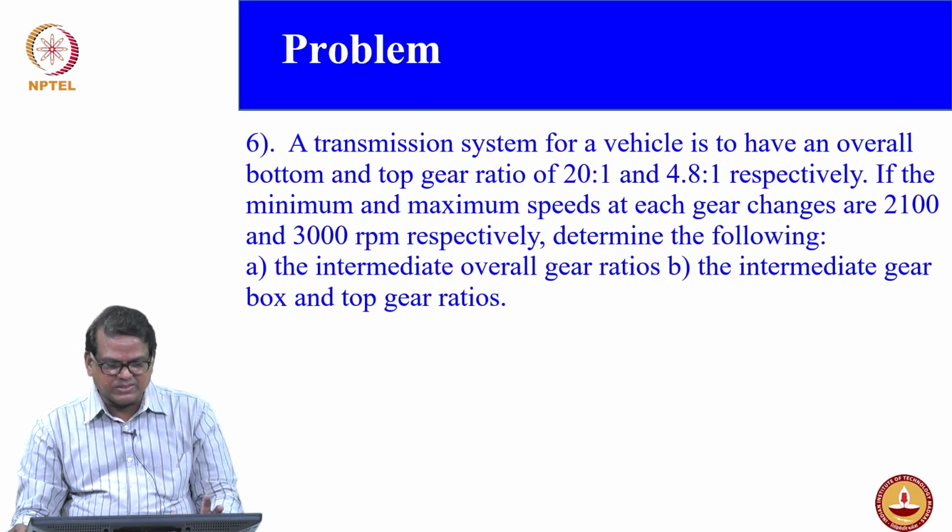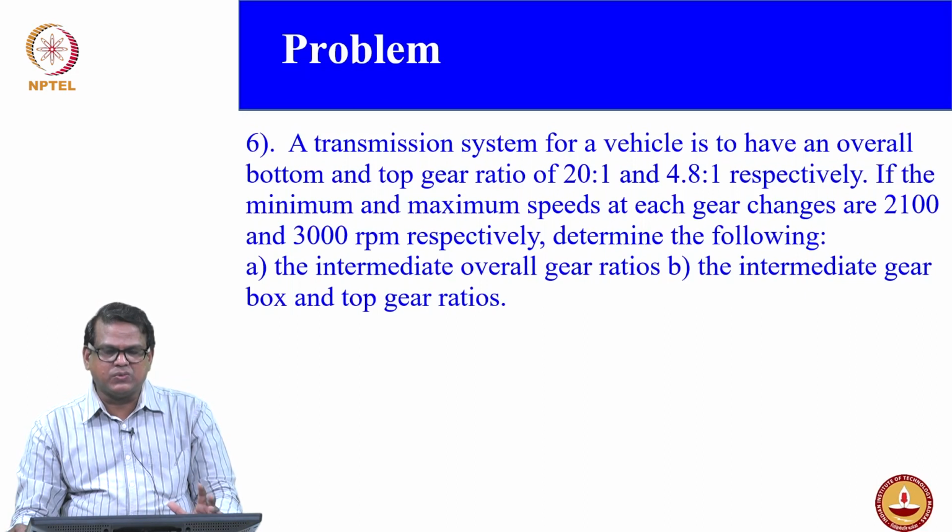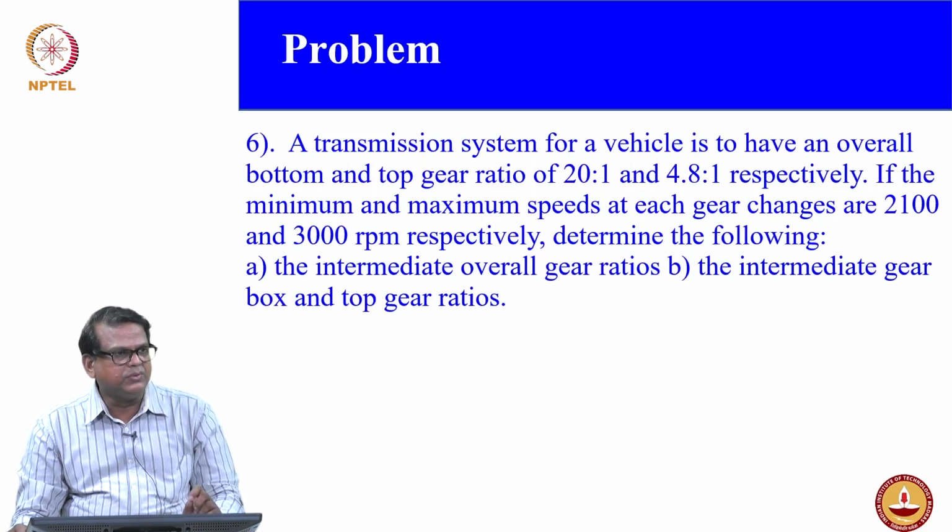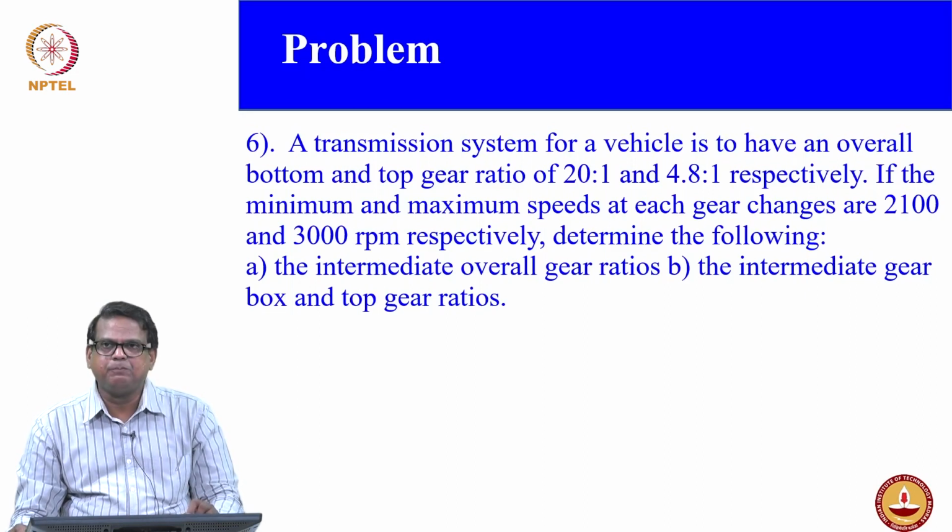A transmission system for a vehicle is to have an overall bottom and top gear ratio of 20:1 and 4.8:1 respectively.